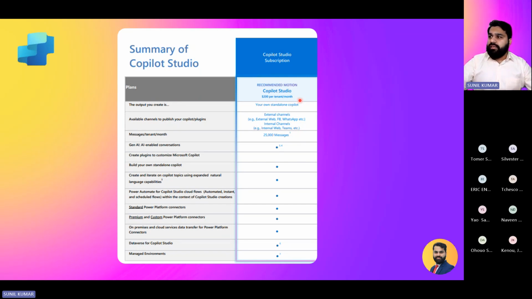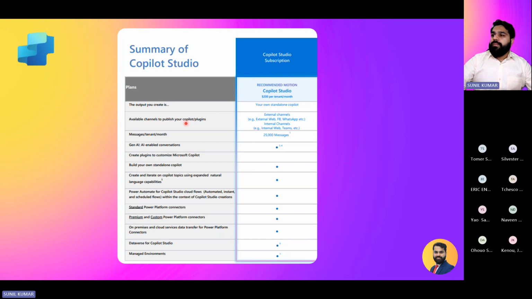On top of it, Copilot Studio also helps us extend the first-party copilots which are already built. For example, we already talked about the copilot with Excel. If we want to extend this particular copilot with our own database, we can go ahead and extend that using plugins and connectors.